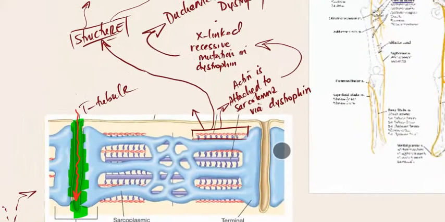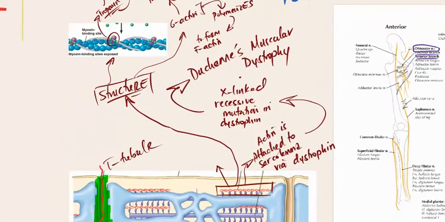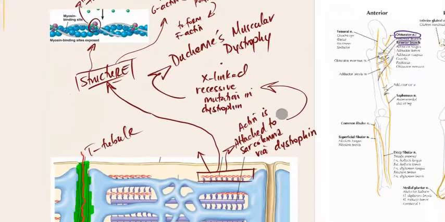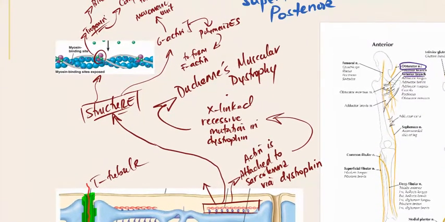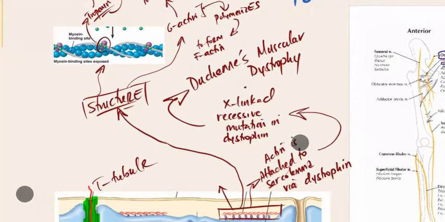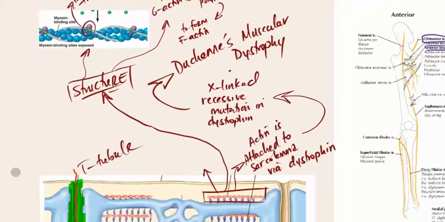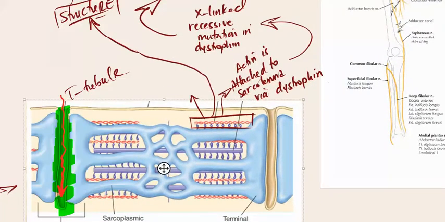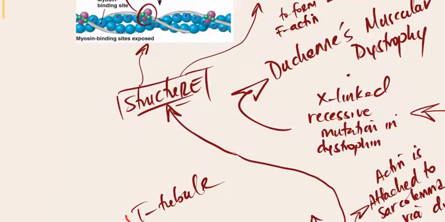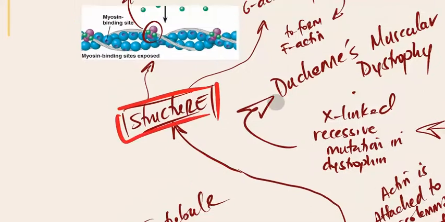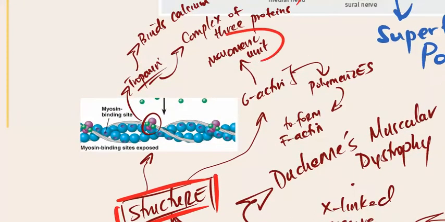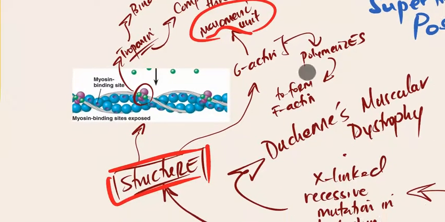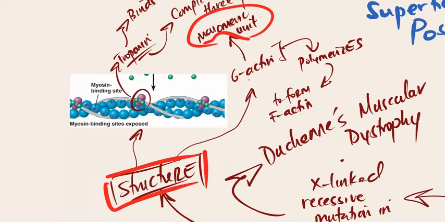But let me see if I can show you guys something you might not know. So when you're looking at the actin, structurally you're going to have monomeric units for your actin, and these are called your G actin.